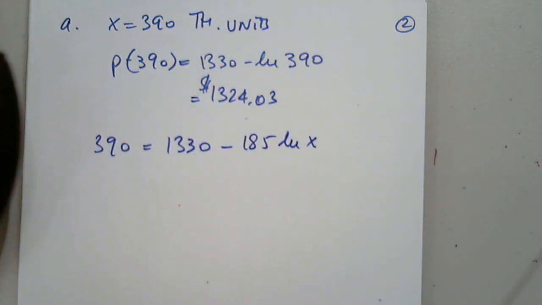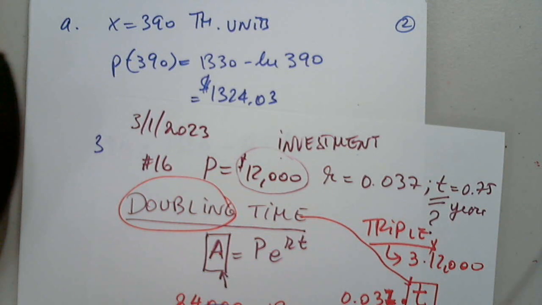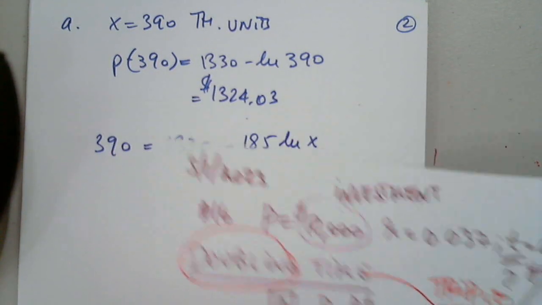Oh, I think I didn't put the 185 in the calculation, did I? You forgot to. I forgot. So let me correct that first of all. Then I realized that when I looked at it, good.